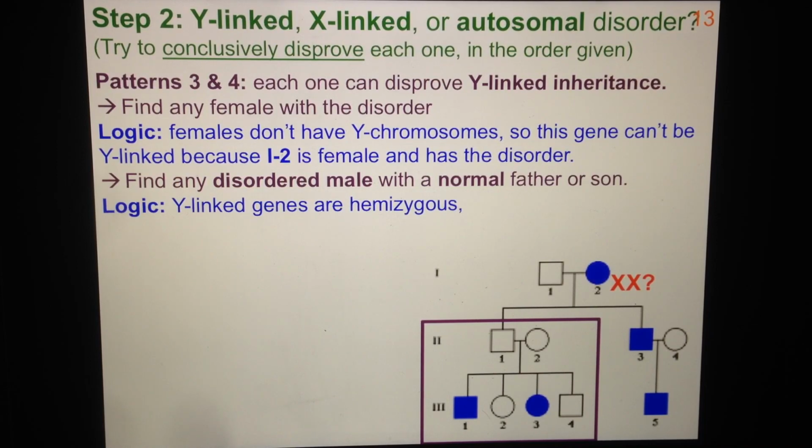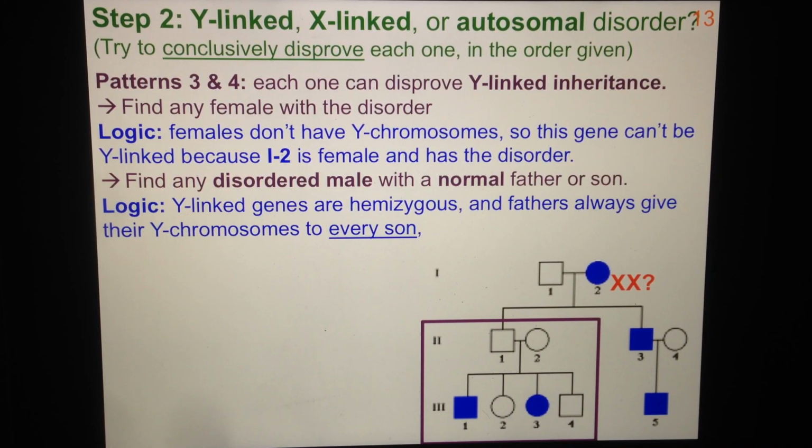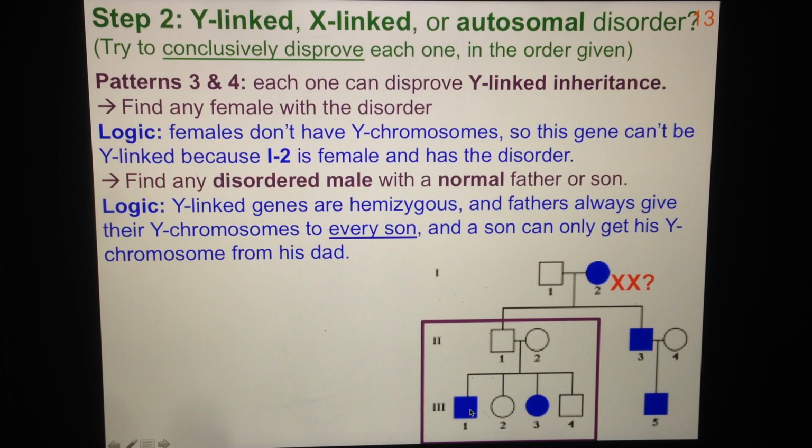Y-linked genes are hemizygous, so as long as you have one copy of the Y that's messed up, that's the only copy you have, so you'll show the phenotype. So you can always see what the males have. What's also important about the Y chromosome is that the father will always give his Y chromosome to all of his sons. That means that for all the sons, their only Y chromosome must have come from dad.